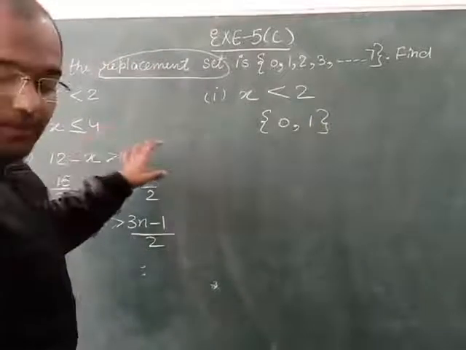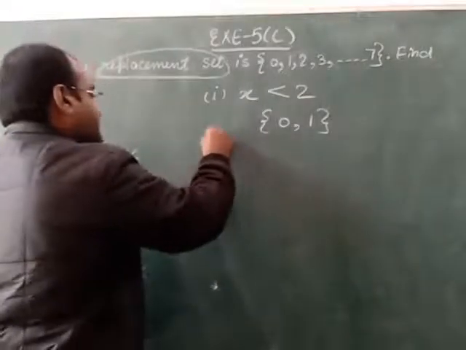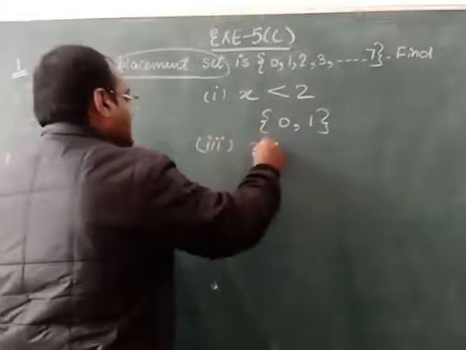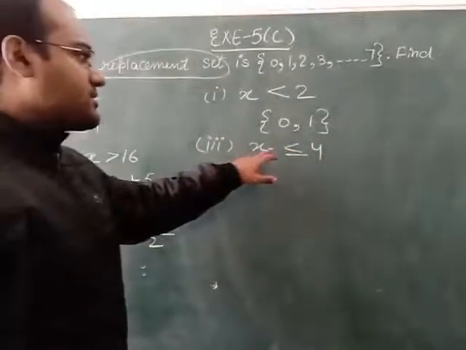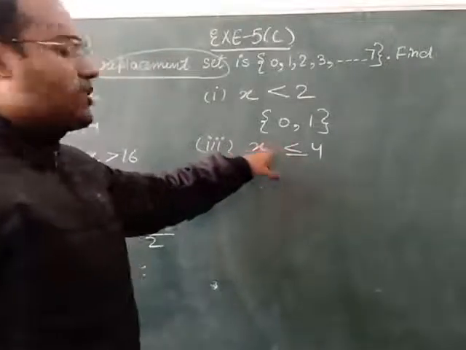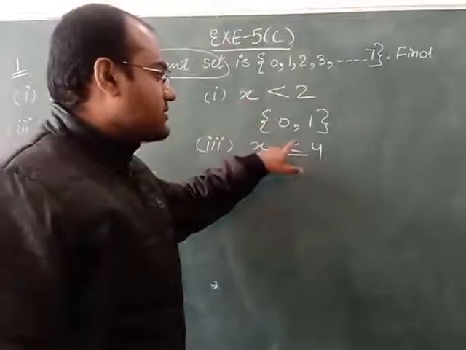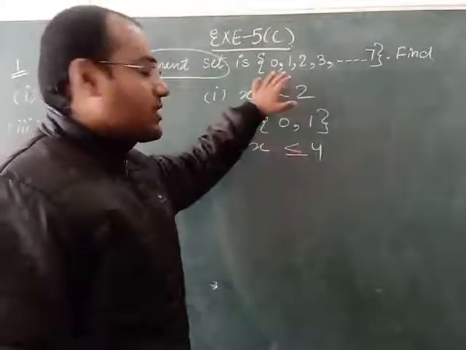Now see another part, part number third. X less than equal to 4. X is less than equal to 4. Now less than equal to 4 is coming. Equal to sign means 4 also you have to take, and you have to select the answer from the replacement set.